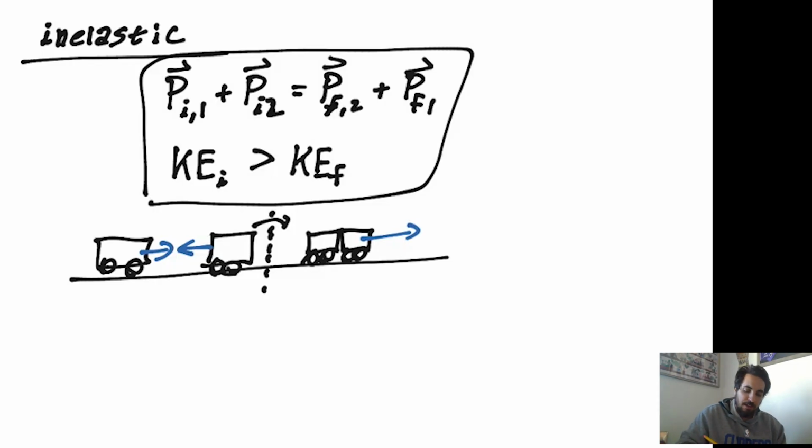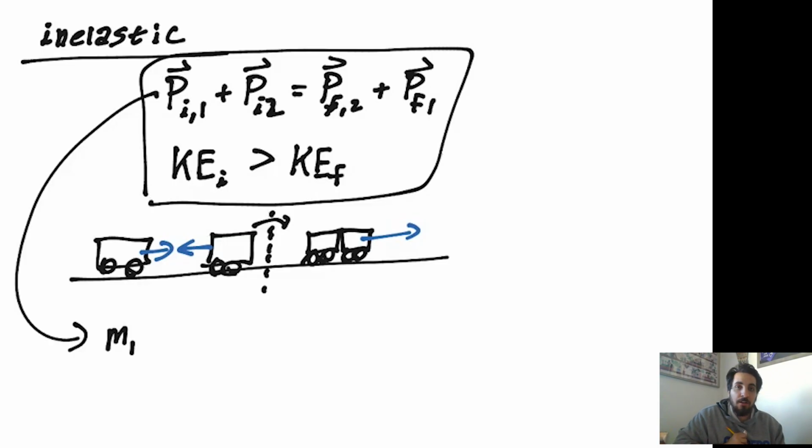When we take a look at this, we will grab our conservation of momentum, and we will say the initial momentum of cart 1 is going to be mass 1 times initial velocity 1, vector arrow over top. And then we're going to add to that the mass of cart 2 times the initial velocity of cart 2.